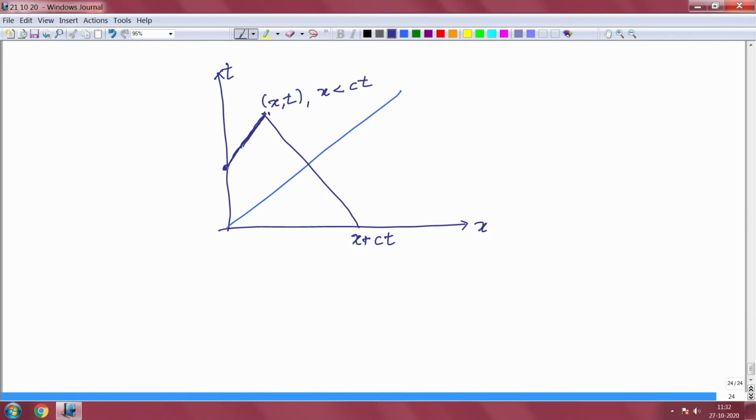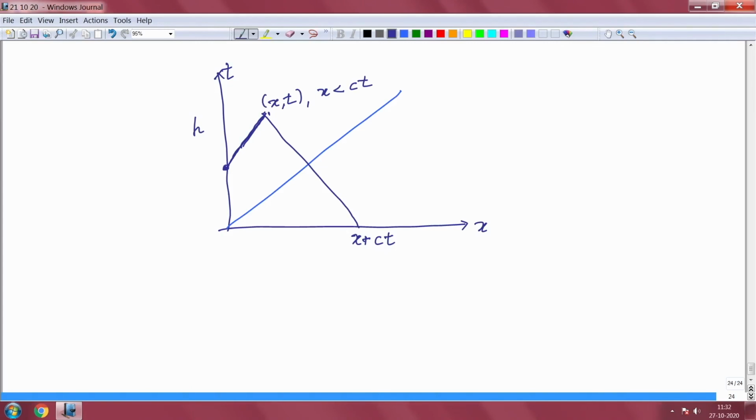Wherever it hits we pick up the value h there. So, this is okay, but how to incorporate this value to find the value of the solution at this (x, t)?